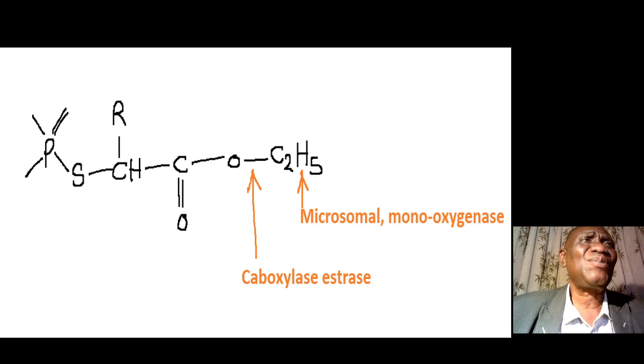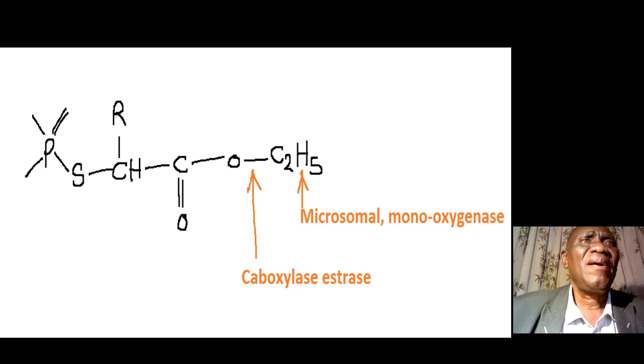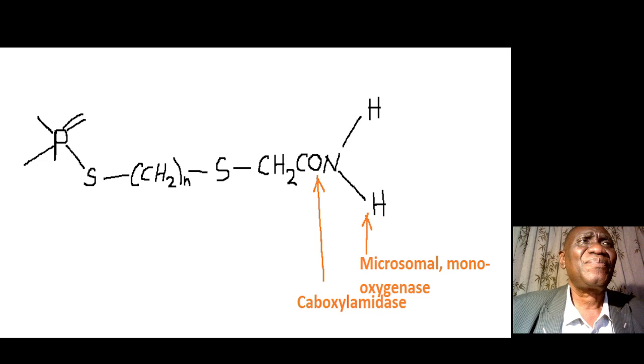Here we are just showing you some parts, what we are calling the X group, which is joined to the sulfur now. Showing with arrows, we can indicate where these enzymes can act. For example, microsomal monooxygenase and the carboxylesterase. They can act on that.